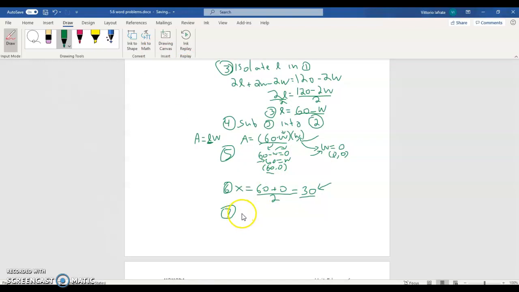So let's sub 30 into equation 4, which is this one over here.